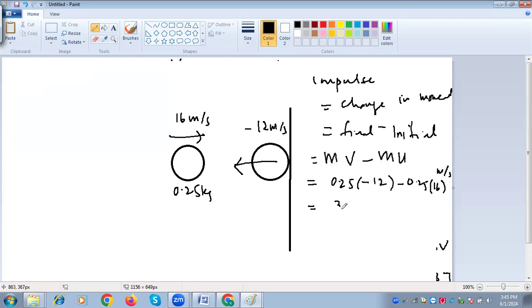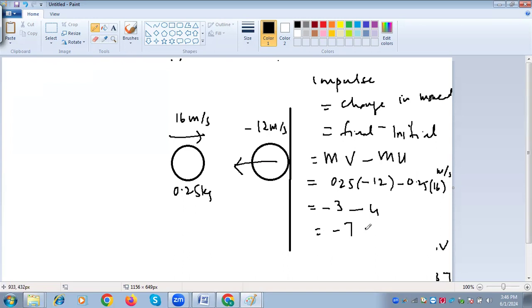So this is minus 3 minus 4, because 0.25 is 1/4. 1/4 into 12 is minus 3, and 1/4 into 16 is 4. So minus 7.